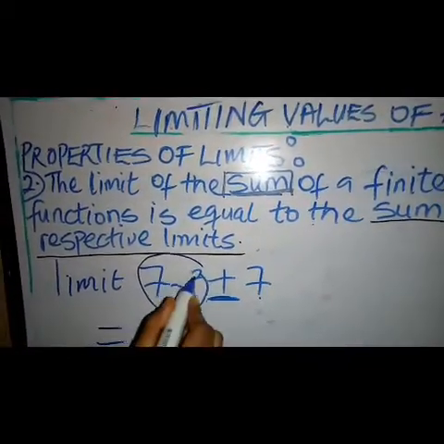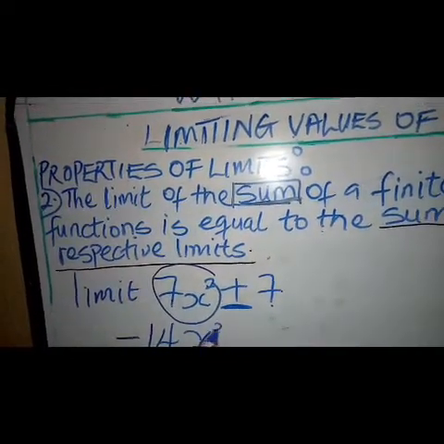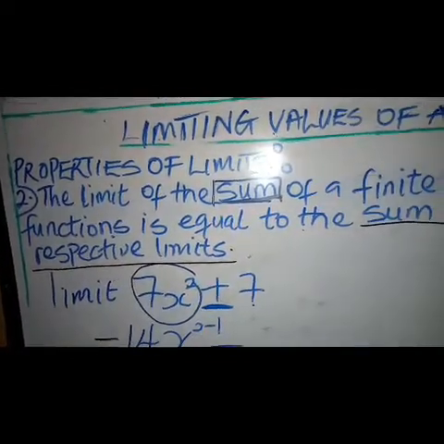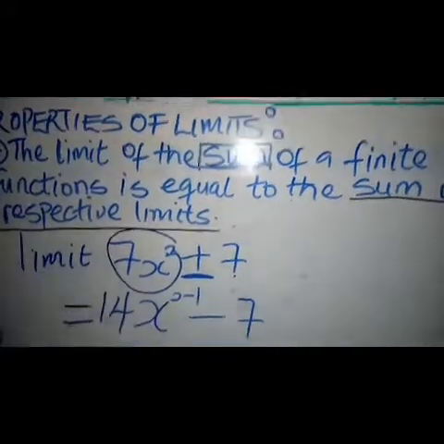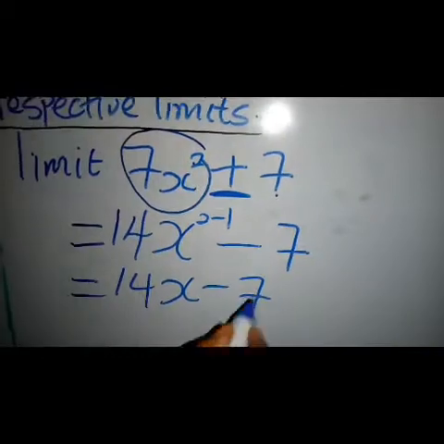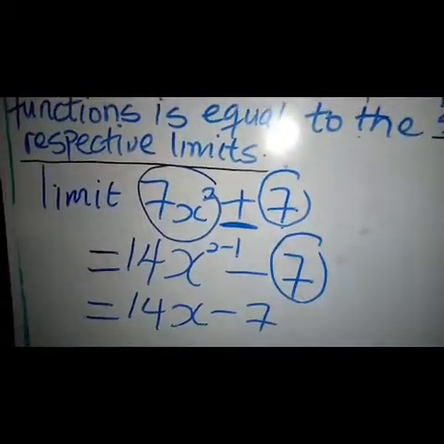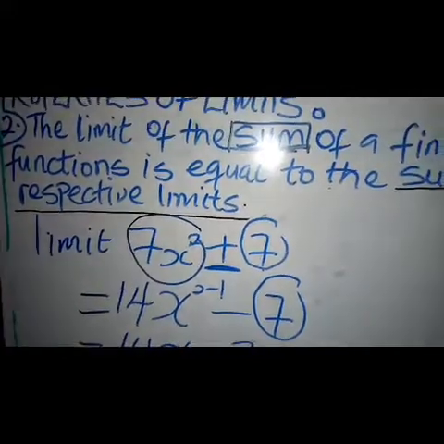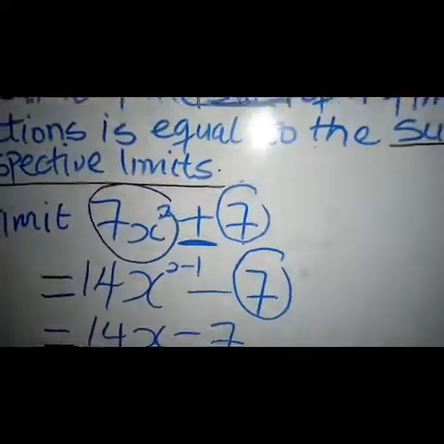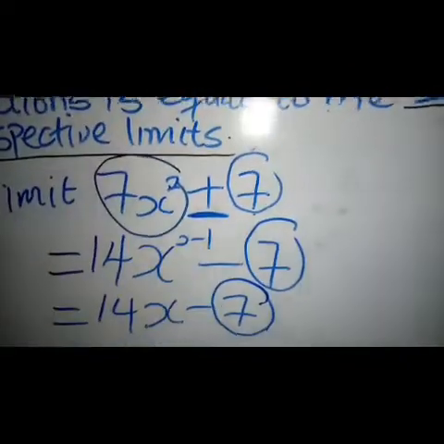This will be 2 times 7, that is 14x raised to power 2 minus 1, plus 7, and that is 14x plus 7. The reason why this 7 is still constant is, do you remember the first rule that says the limit of a constant is the constant itself? So we apply the first rule, so this does not change.